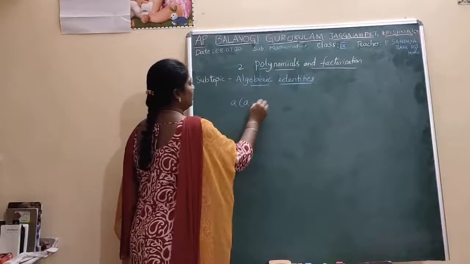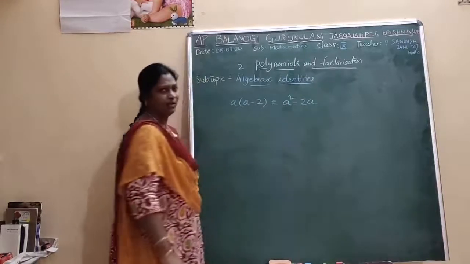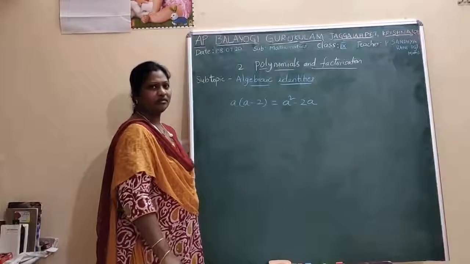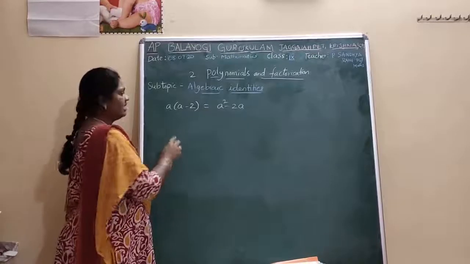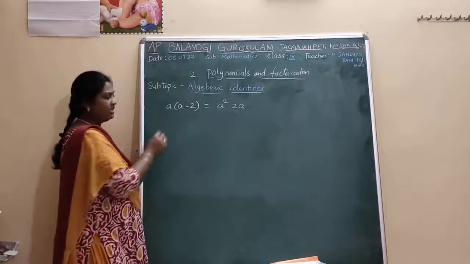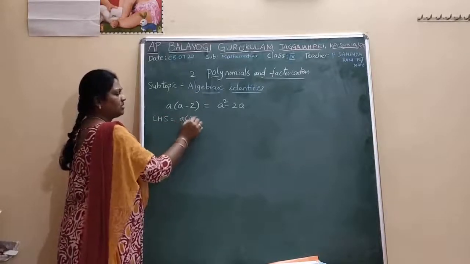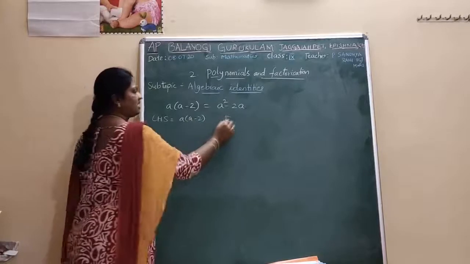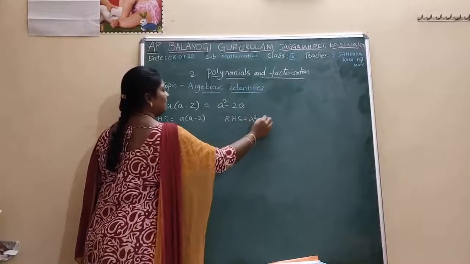a into (a minus 2) is equal to a square minus 2a. Let us take this equation. What is the LHS of this equation? LHS is equal to a into (a minus 2). What about the RHS of the equation? a square minus 2a.